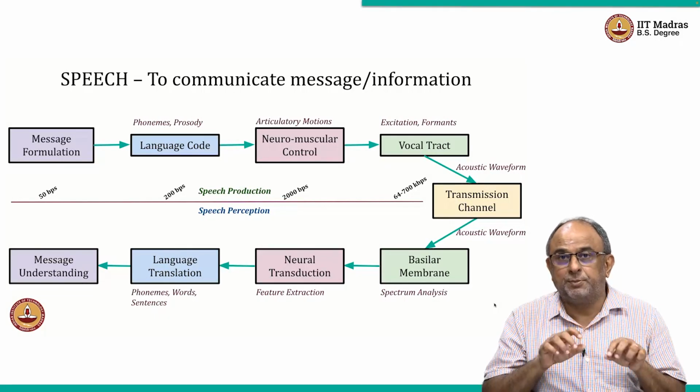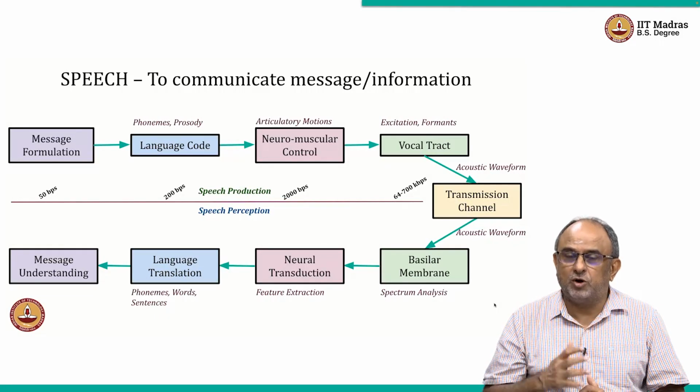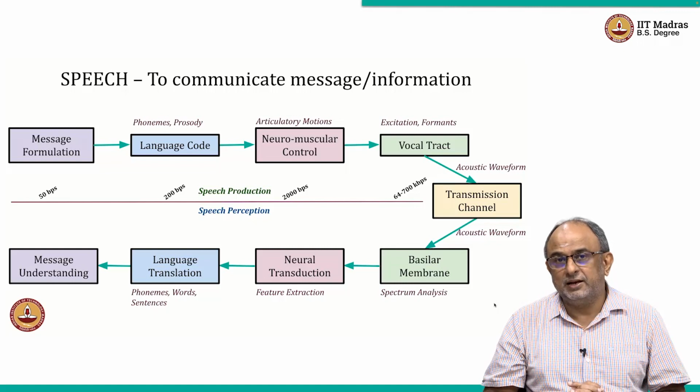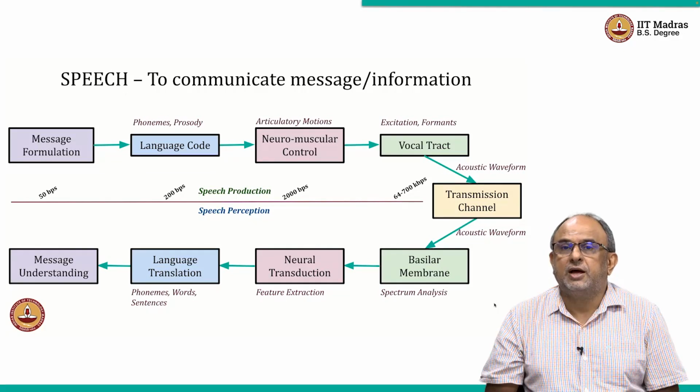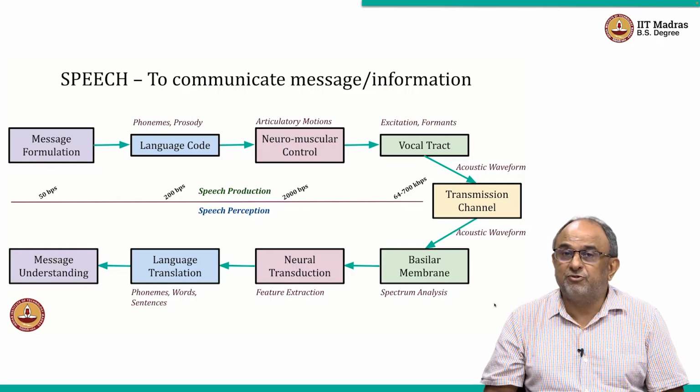I could have communicated by typing on my WhatsApp message, or sending an SMS, or sending an email, right? But speech is often much richer, and we do have information about the speaker, the gender, his emotional state, many things that are not obvious in text, right?